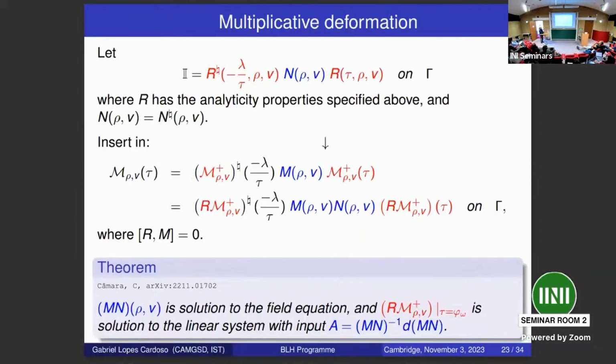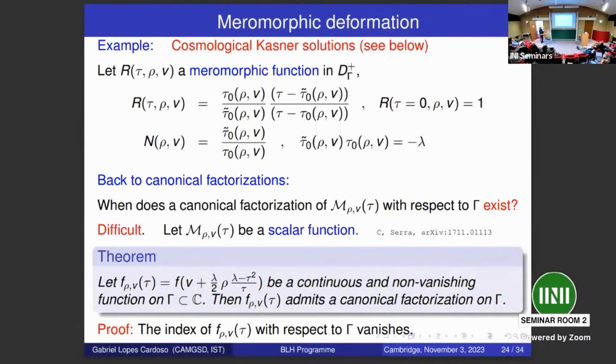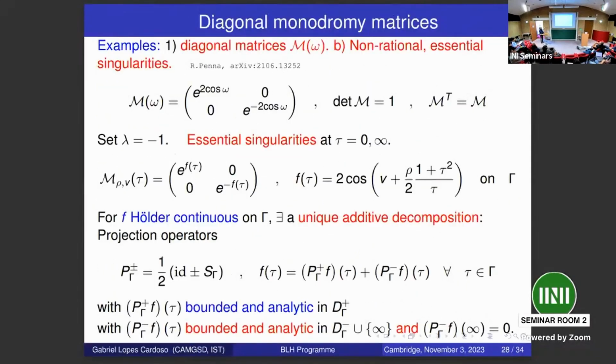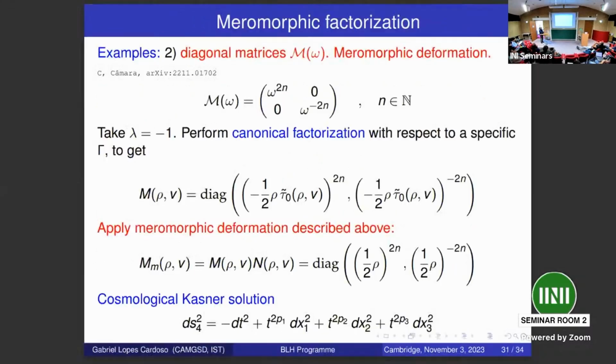Now go from M plus to R times M plus, where R is given like so. And as I said, what you find is that this monodromy matrix, when factorized in this multiplicative deformation way, will produce a cosmological Kasner solution.